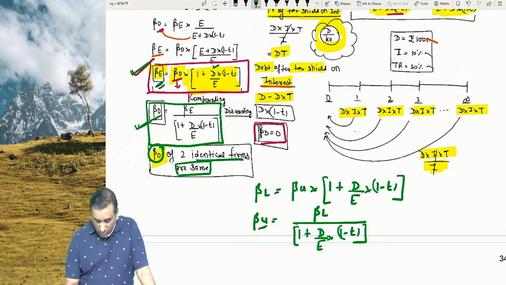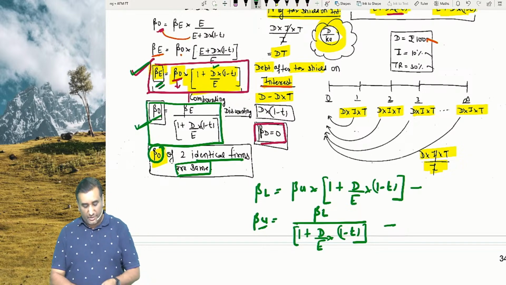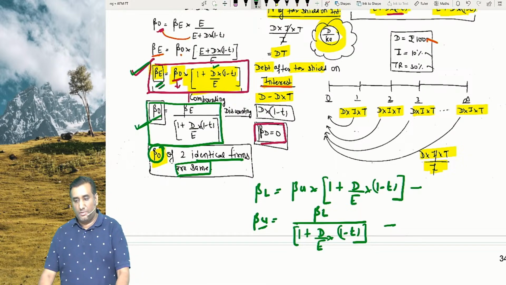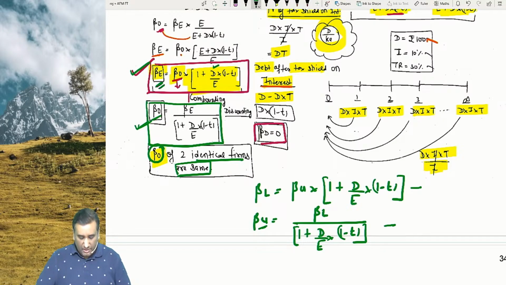Instead of E and O, it can be L and U. The first is your compounding effect, the second is your discounting effect. I have done the derivation just for reference purposes. Beta levered and beta unlevered are the two terms we use while solving.